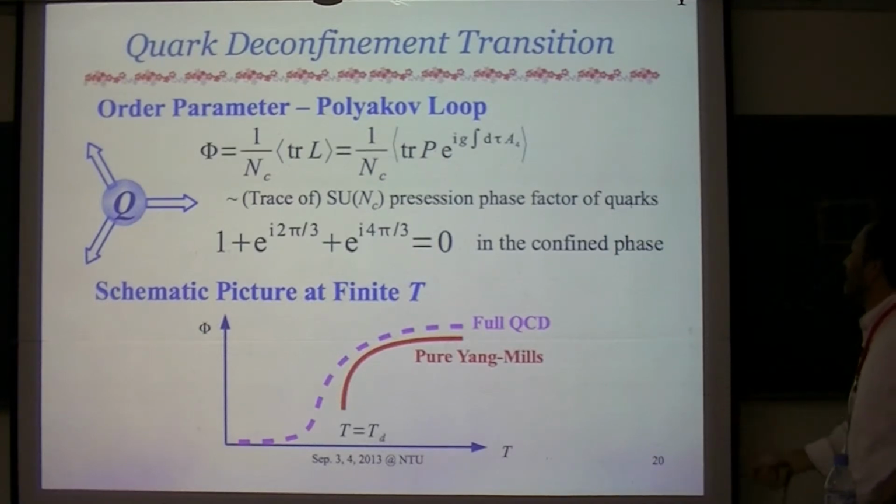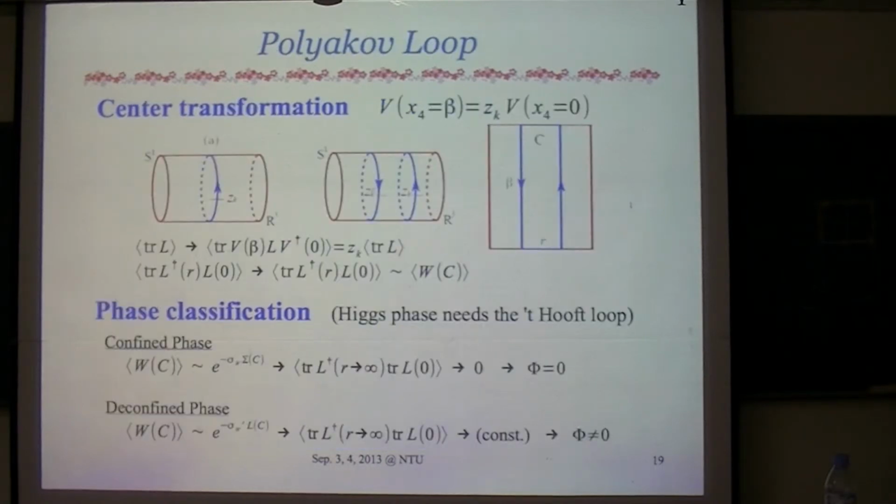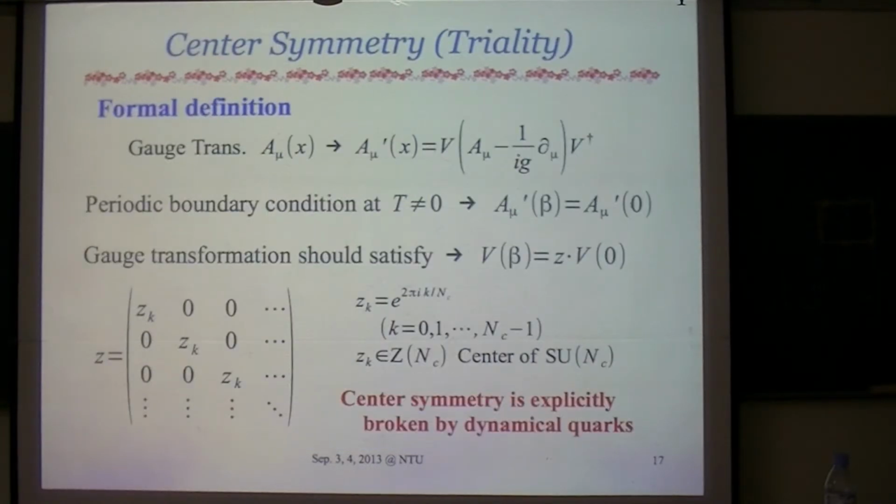This is what you can expect for pure Yang-Mills theory without quarks. But full QCD has dynamical quarks, and as I said, the center symmetry is explicitly broken by the presence of quarks. You can see that from here.